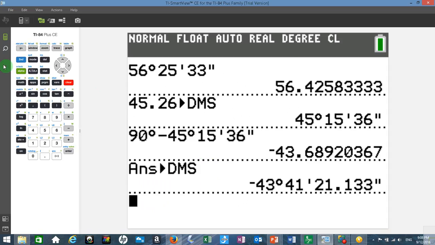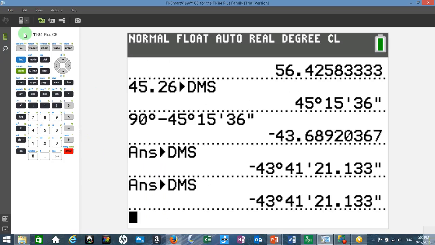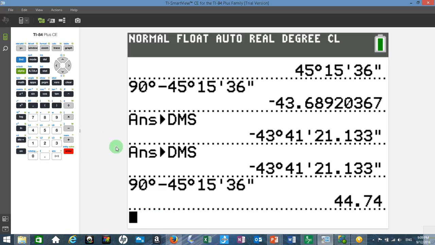So take that last one and hit second. This is the good thing about this calculator. It remembers a lot. And hit enter. Oh, well, we have to hit second entry, second entry, second entry. 90 degrees minus 45. Now hit enter. There it goes. That's a whole lot better.